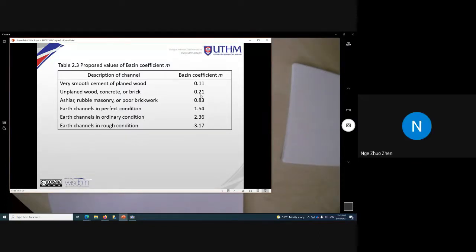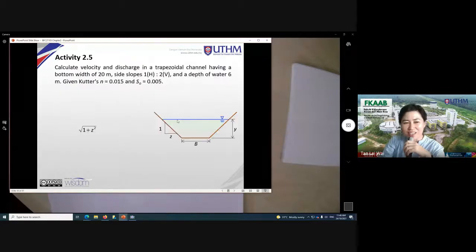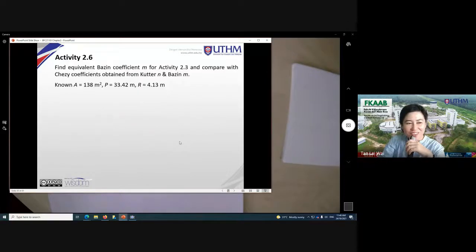Thank you, doctor. So that's the meaning of the question. I wrote the question but forgot what it wants. They want you to compare the Chezy coefficient values, using Bazin and using Kutter's N, and see whether they are the same or not.